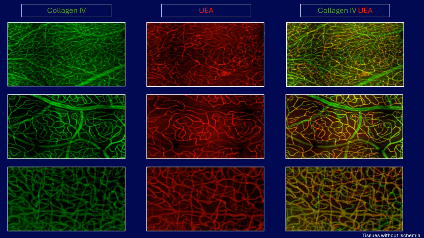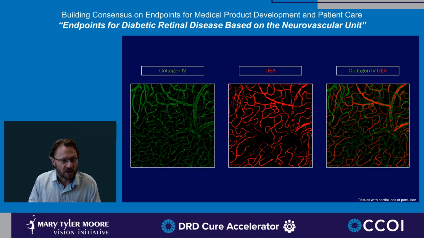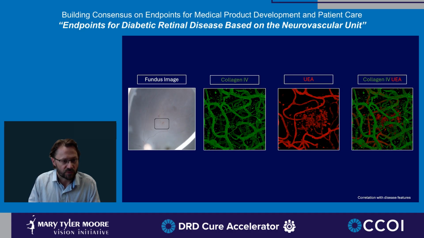Here is an example of a region that shows normal perfusion, and we can continue assessment in other contexts. Here, some partial loss of perfusion represented in the center of the slide, all the way to regions that are correlated with the fundus photograph that I mentioned before, showing, again, loss of perfusion in conjunction with slight hemorrhage, where you can see blood cells that have invaded the neuroparenchyma.